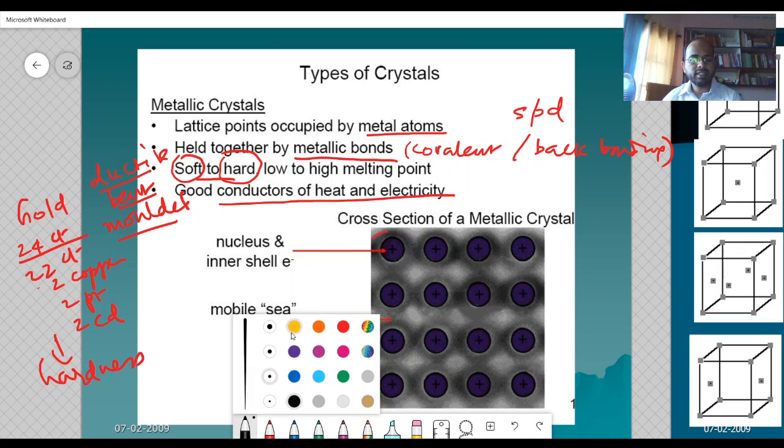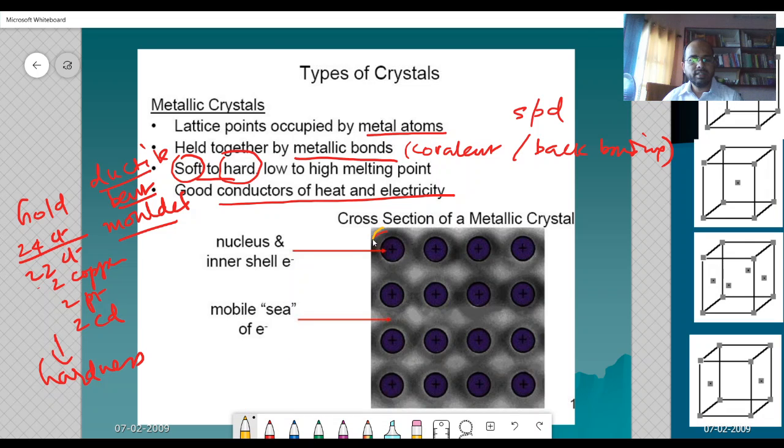If you consider this as a nucleus, this is a particular atom. Okay, this is one atom, right? This is the nucleus. And then you have the electronic movement around it.